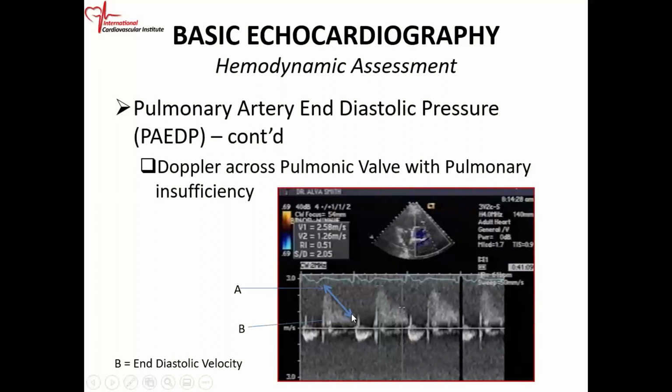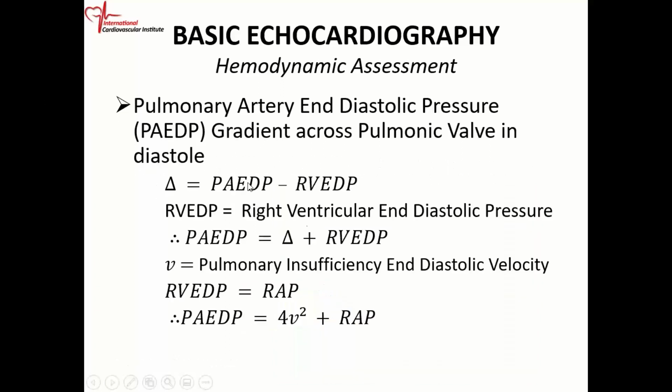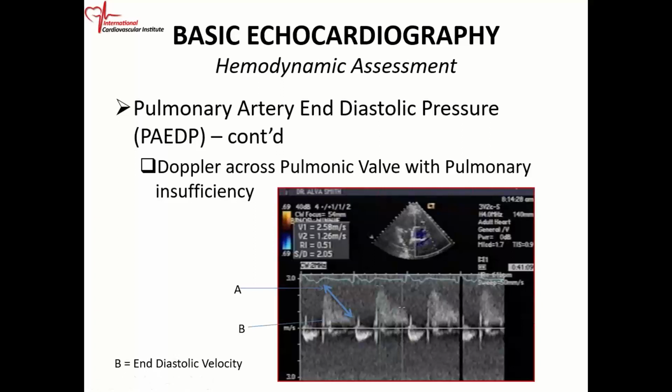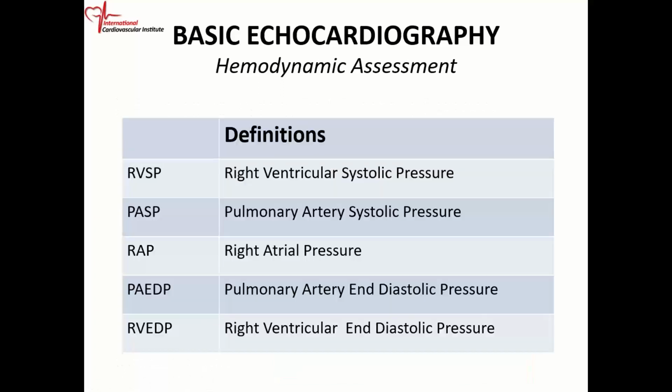So that's what you're going to do. You're going to square this velocity and multiply it by 4, and that's the gradient. To get the pulmonary artery end diastolic pressure, you're going to add the right atrial pressure to that gradient. Now, you may say I'm talking about right atrial pressure and I'm not showing you how to calculate right atrial pressure, but we'll look into that.